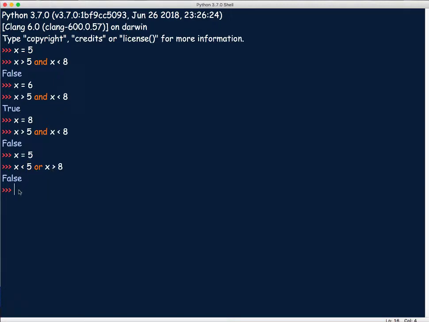Well, what if x is 4? Okay? It's true, right? Because 4 is less than 5. Even though it's not greater than 8, it's still less than 5. So we've been able to properly evaluate that statement to say, okay, at least this side is true and this side is false.